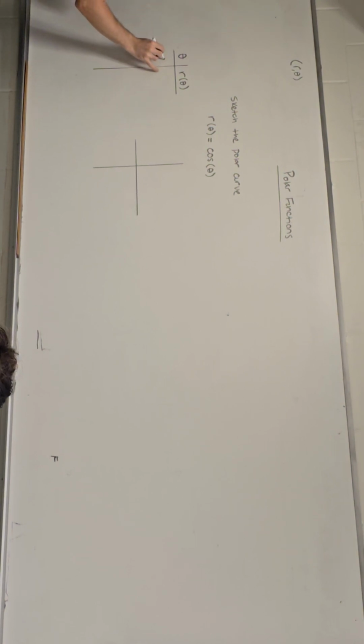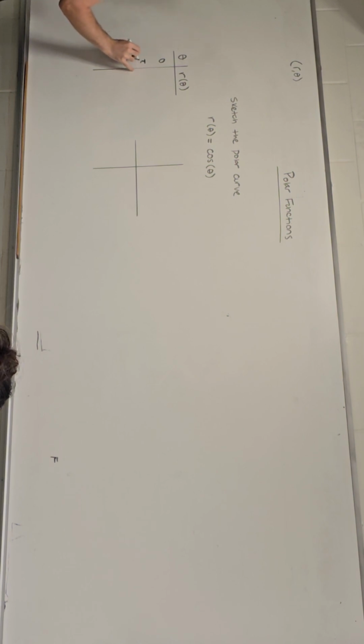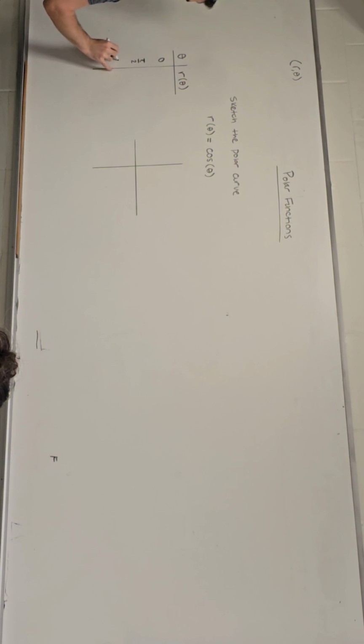So we can do the same thing we would do for a normal table for rectangular coordinates. Just grab a couple of values, just to understand how this works.